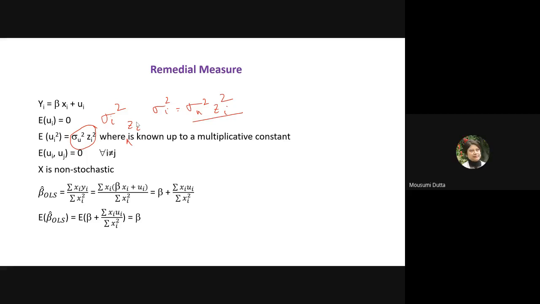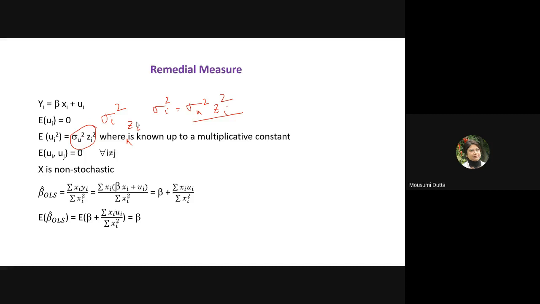Okay, so we can proceed with the OLS estimator like this. Beta hat OLS is equal to summation xi yi divided by summation xi square. Last day we did this. Once we get this beta hat OLS, we can write yi as beta xi plus ui, and from there we have beta plus summation xi ui divided by summation xi square.